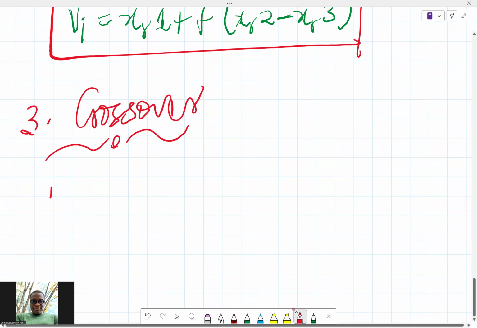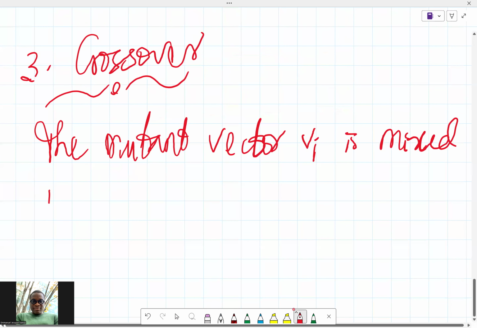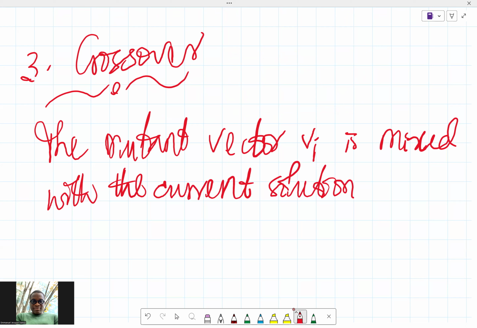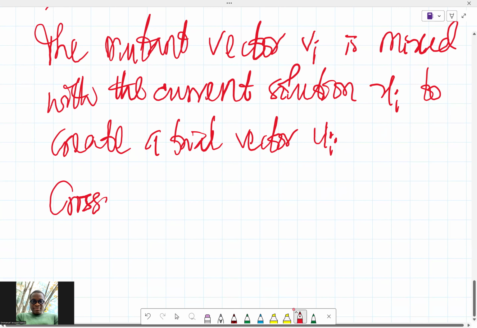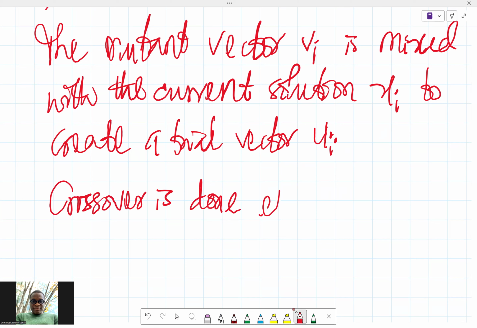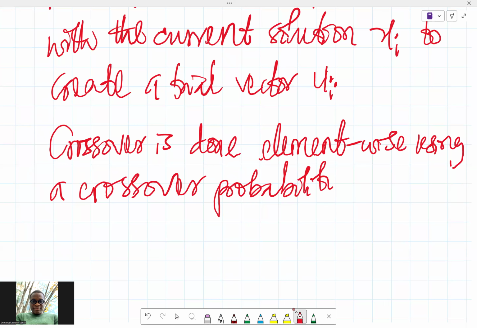In this case, the mutant vector vi is mixed with the current solution xi to create a trial vector ui, and crossover is done element-wise using a crossover probability CR.